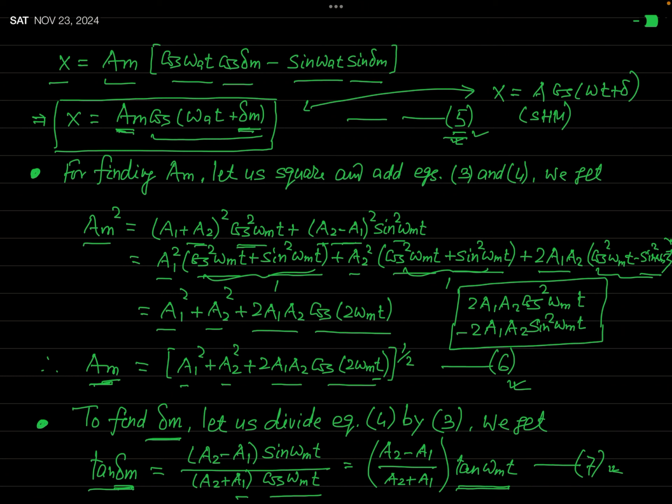In fact, this oscillation can at best be described as periodic with angular frequency omega_A, which is the average of the two component frequencies. So equation 5 does not represent a simple harmonic oscillation.